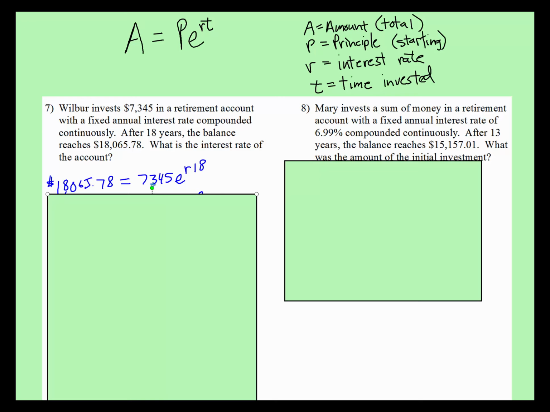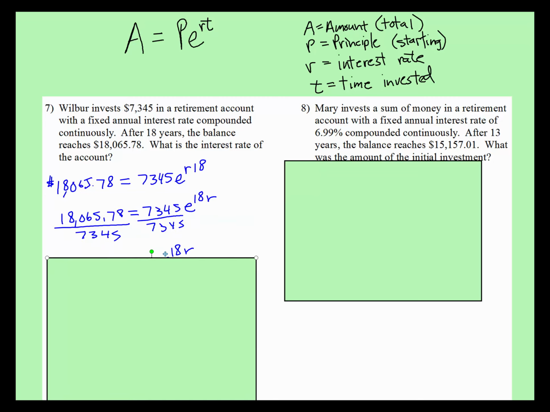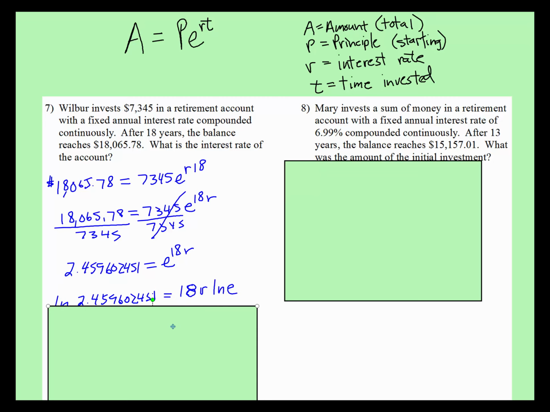to divide the multiplying 7345 to both sides. And when we do that, that cancels. And once it cancels, this amount on the left, you'd store into your calculator. And then you take the natural log of both sides again.